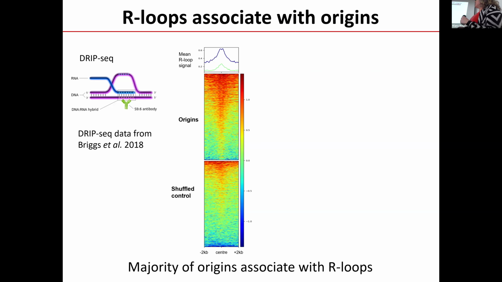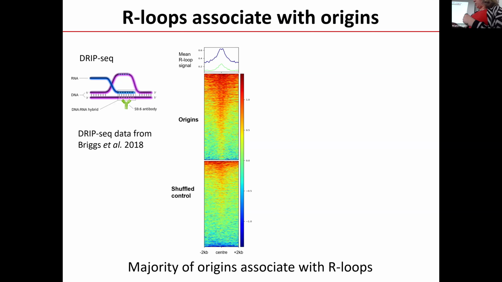There are also some hints that they could be associated with origins. When we do the overlap with our origins, we see a strong association of these R loops with our origins. So we have 90% of our origins overlapping with R loops.